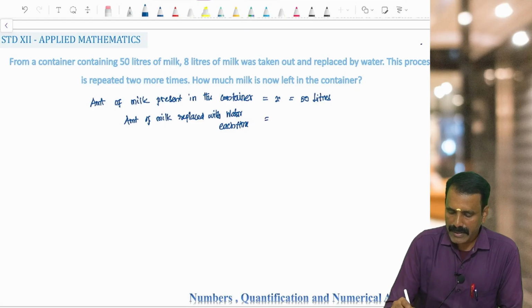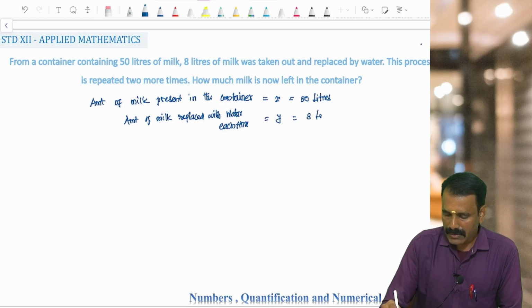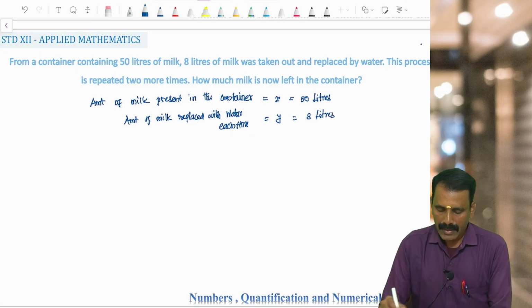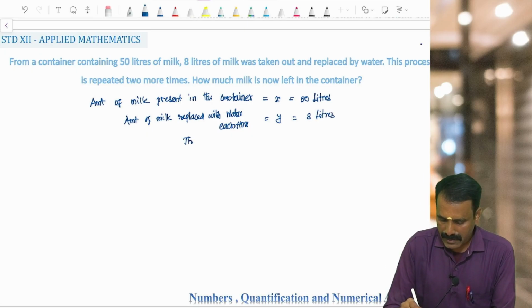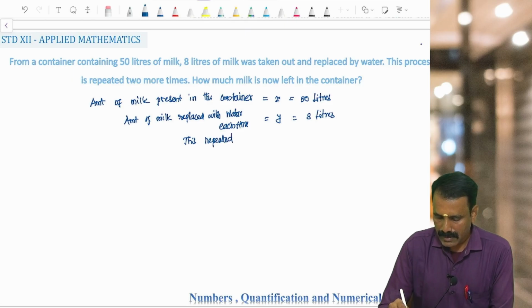Every time we are going to replace 8 liters of milk with water, and we take it as y. And this is repeated three times.